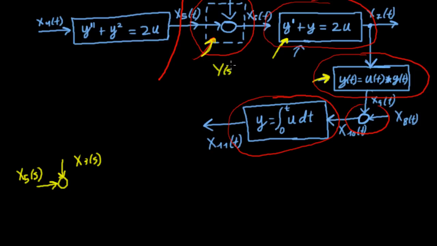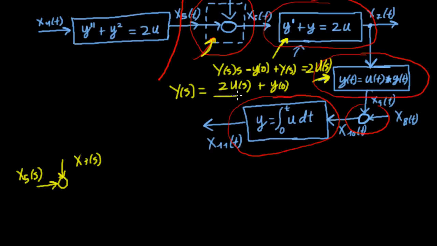We would get y of s times s minus y at 0 plus y of s is equal to 2u of s, which means that the output y of s is equal to 2u of s plus the output at 0 over s plus 1.